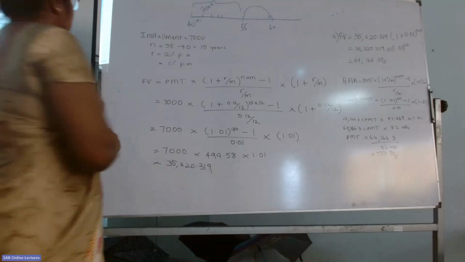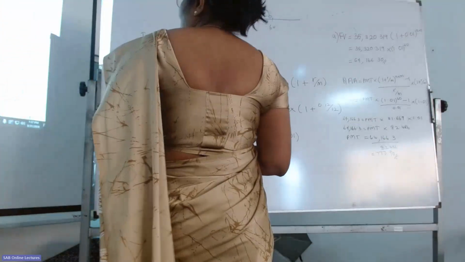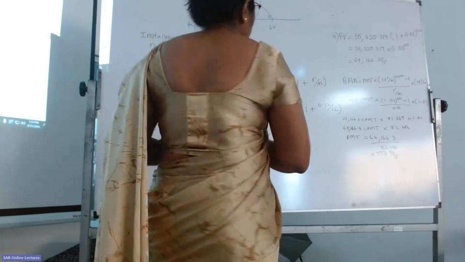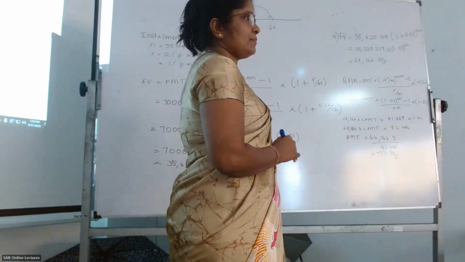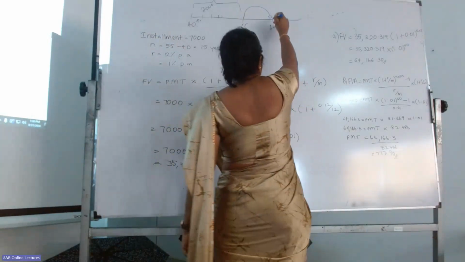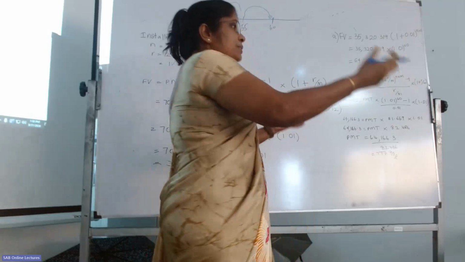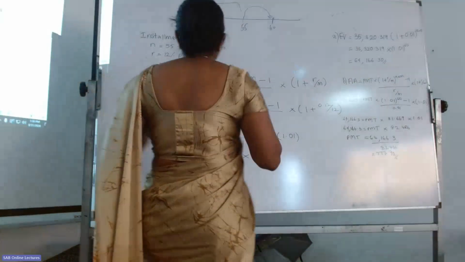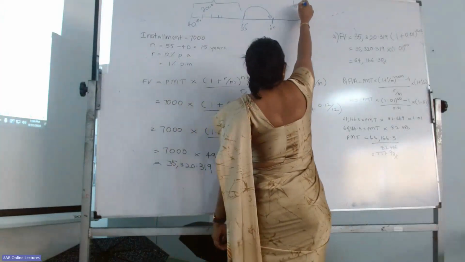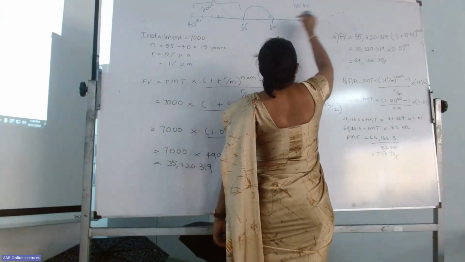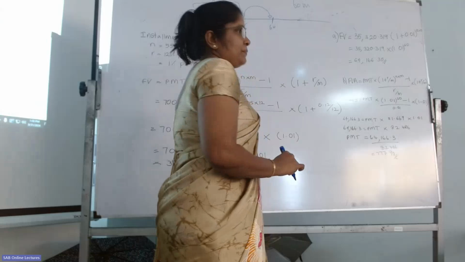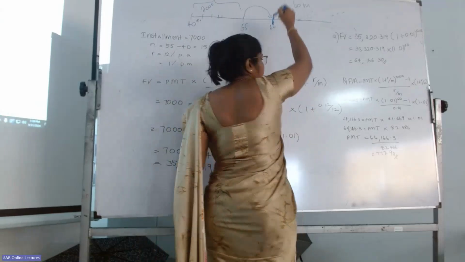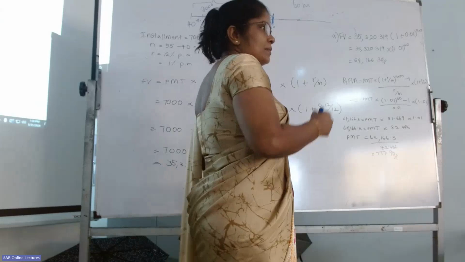Starting from the 60th birthday, he plans to make equal monthly withdrawals from the fund at the beginning of each month. Right? From the 60th birthday, he is going to withdraw some money from the fund in 60 equal monthly withdrawals, at the beginning of each month. So the first withdrawal is at the beginning, on this 60th birthday.